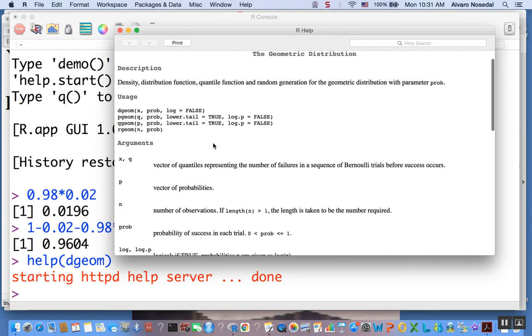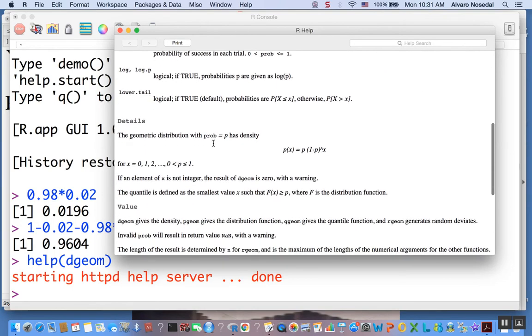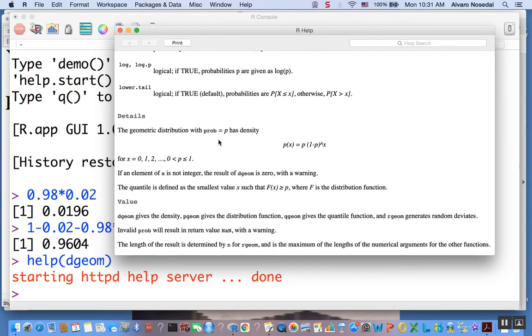Here I want you to see how this is defined: p times 1 minus p to the x power, and x goes from 0, not from 1, up to infinity.